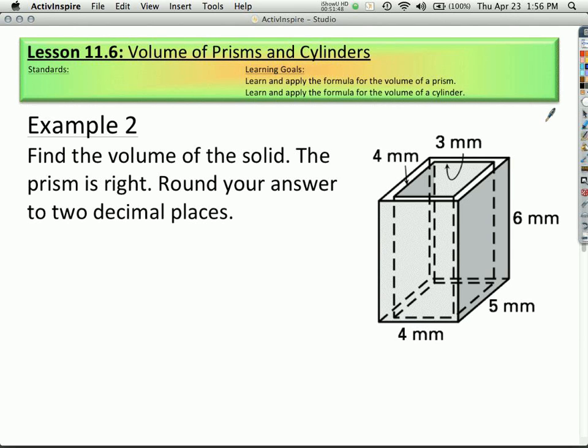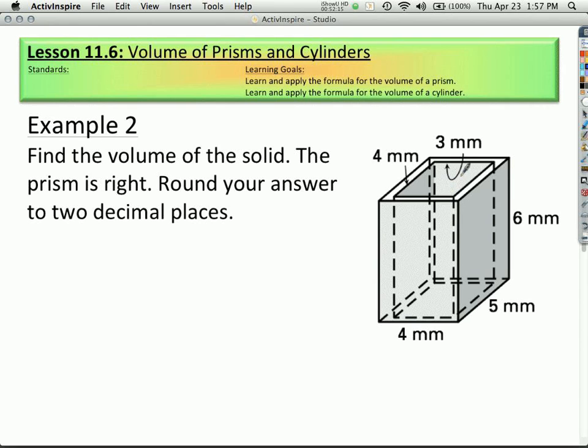You need to be able to deal with, well, what if the object is like a rectangular prism, but it's not all there? So here's an example, and this is on your sheet, but I want to clarify a couple things. This is a rectangular prism, but then something was used to cut out this space inside.